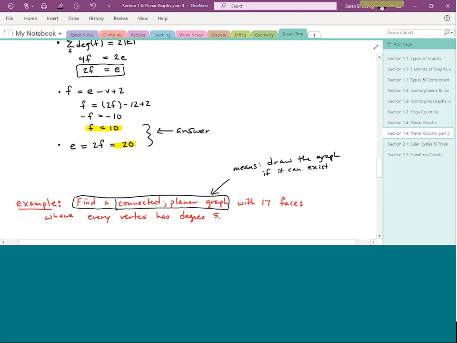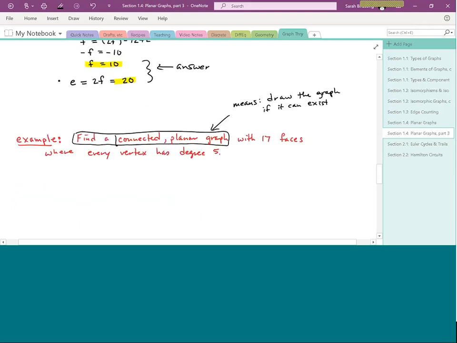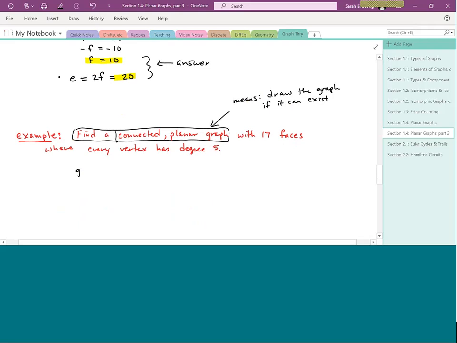So in this case, we're going to try to check to see what happens. And if we're able to find said graph, we'll draw a picture. If we're not able to find it, we'll say, oh, sorry, this graph doesn't exist, and then you don't give any picture. So first thing is pull out the given information.